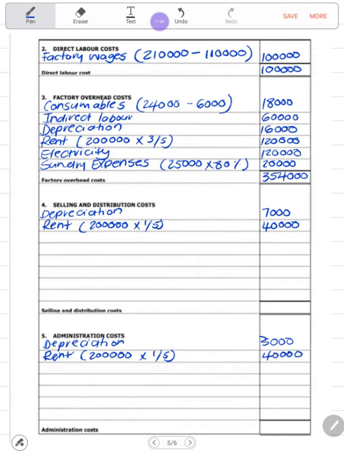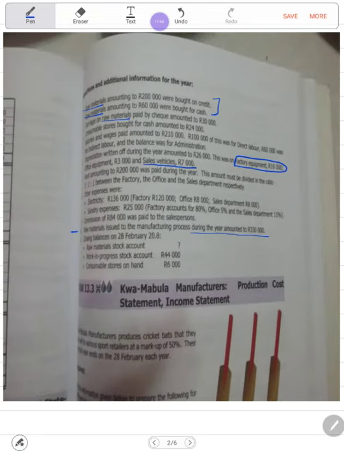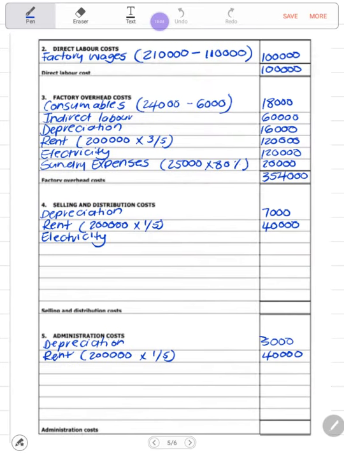Then we move on to our electricity, and they told us that the office was 8,000 and the sales department was 8,000. So they both pay 8,000. Perfect.